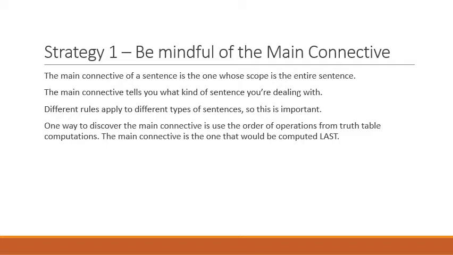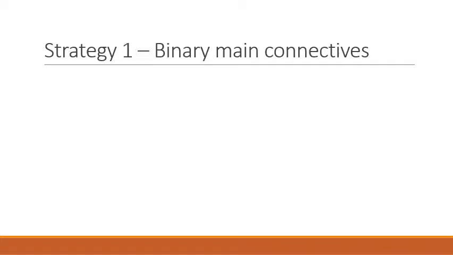So the main connective would be the one that you would do last, right? That last computation would tell you what the value of the entire sentence is, and so the main connective is that last one. So we'll move on here with some examples, and this will help you a little bit.